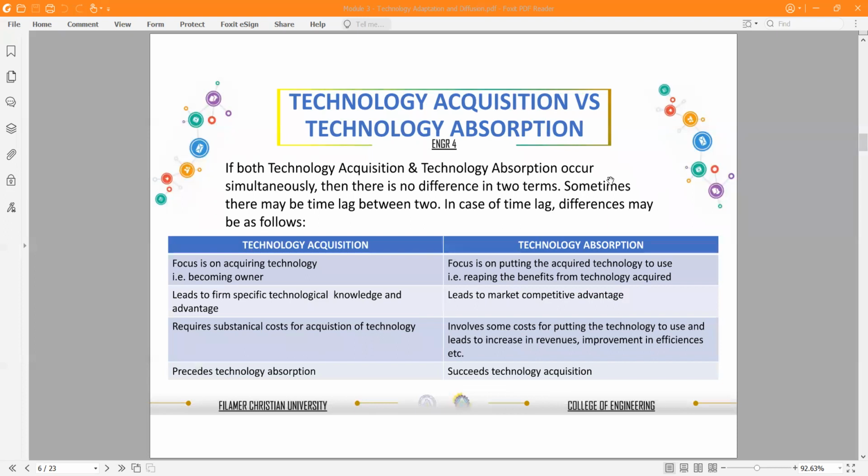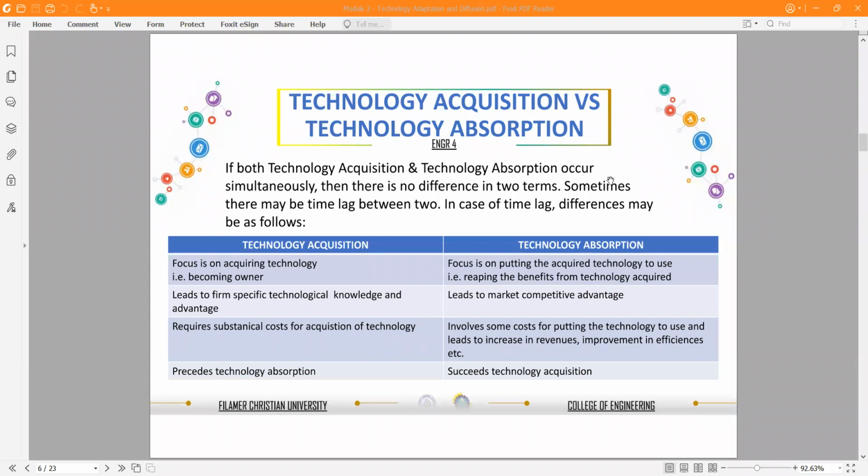So ano yung pinagkaiba ng acquisition sa absorption? Paano natin ma-determine? So if both technology acquisition and technology absorption occur simultaneously, then there is no difference in the two terms. So walang pinagkaiba. So sometimes there might be a lag. So meaning parang nahuli lang between two. So in case of time lag, differences may be as follows.